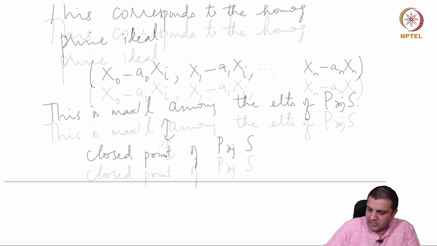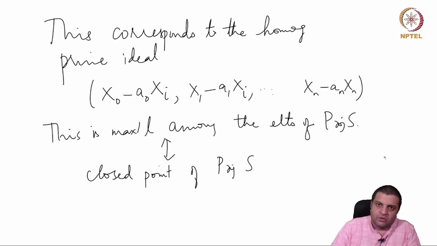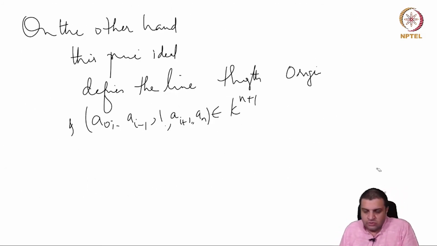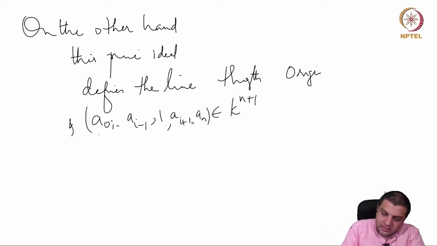If the value of xi is 0, then this point will be the origin. That's the only solution. So this defines a line through the origin. Any non-zero scalar multiple of this is also the same point in the projective space. It corresponds to the same ideal.